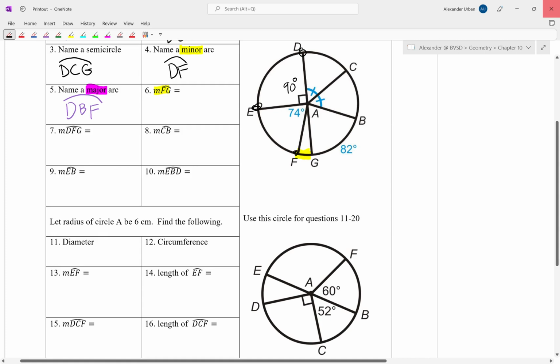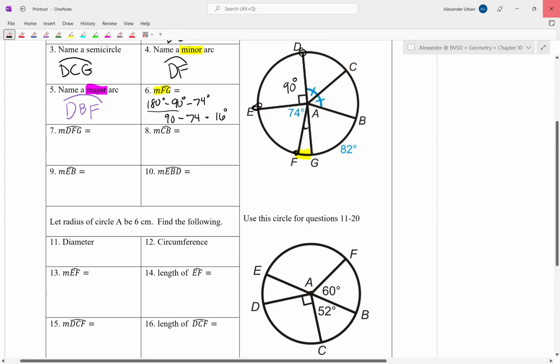Well, F to G is going to be what's remaining of this semicircle, so it's 180 degrees. So we're going to have 180 degrees minus 90 degrees minus 74 degrees. And if we do this correctly, 180 minus 90 is 90. 90 minus 74 is going to equal 16 degrees.